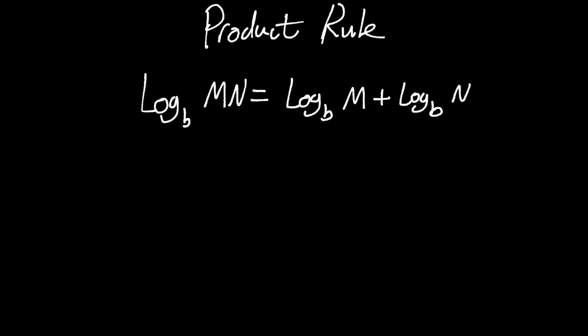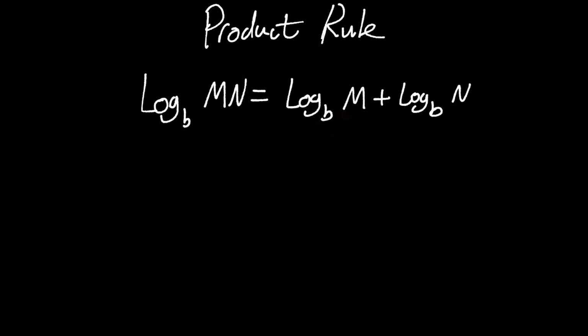The product rule is as you see below. The log base b of m times n equals the log base b of m plus the log base b of n. Basically, if you notice that your log is being multiplied, and this is the answer portion of your log, this isn't the exponent portion, but the answer portion of your log is being multiplied by something, you can separate them so that it has just the m and then just the n.